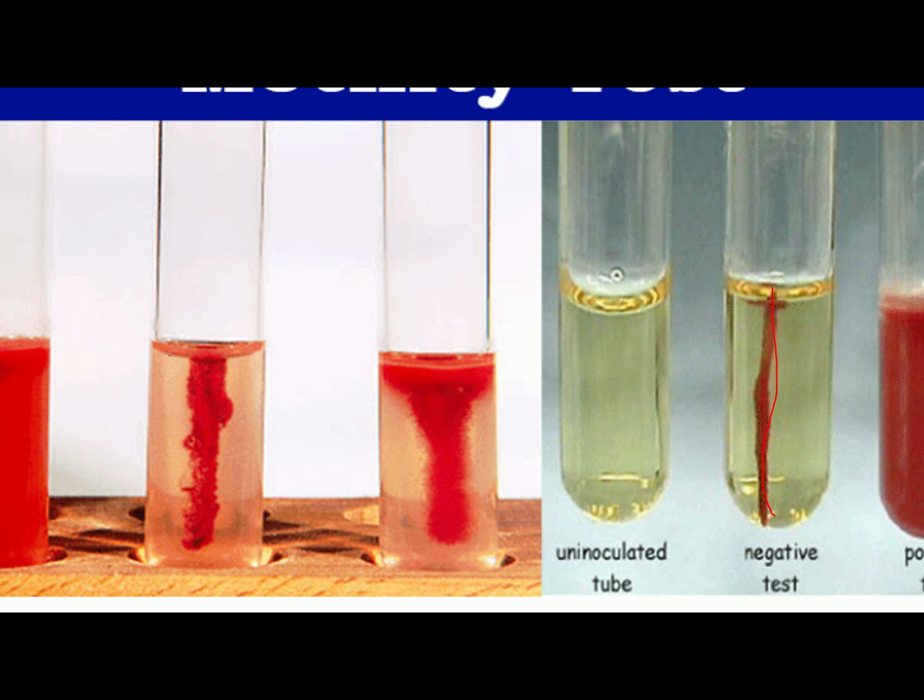If it doesn't spread and stays at the line, it is negative. But if it spreads, following the so-called umbrella pattern, this is an umbrella, so most likely this is your Listeria. In some cases there would be an overgrowth wherein the entire medium would become red, signifying growth.